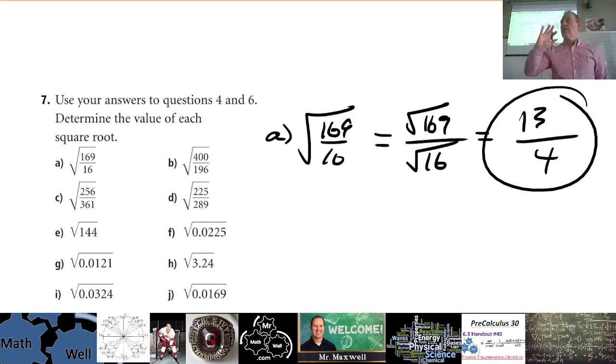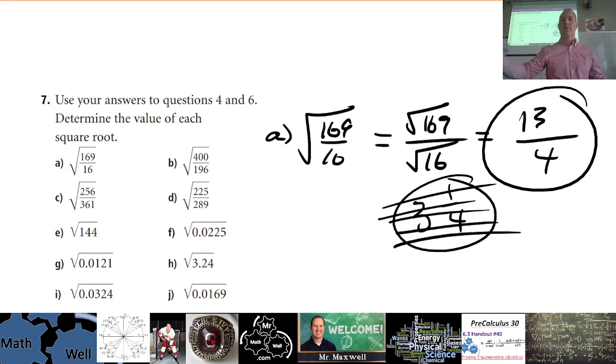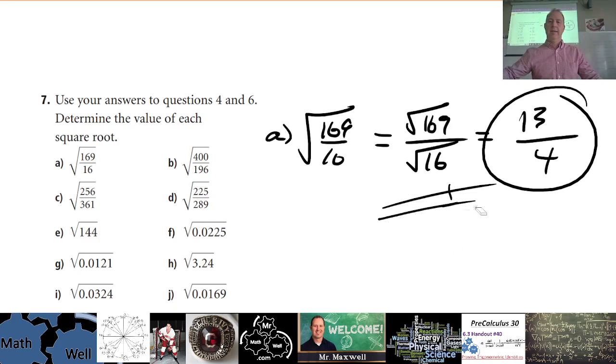Yeah, improper fractions are totally fine. If you went the extra mile and said, hey, this is like 3 1/4, is that what this would be? Yeah, we don't really worry about mixed fractions anymore in high school. Improper fractions are totally proper in high school, okay? That's totally fine.